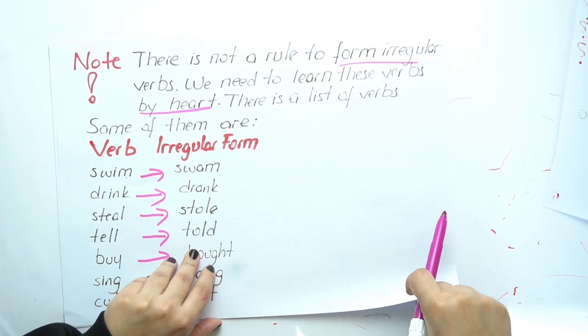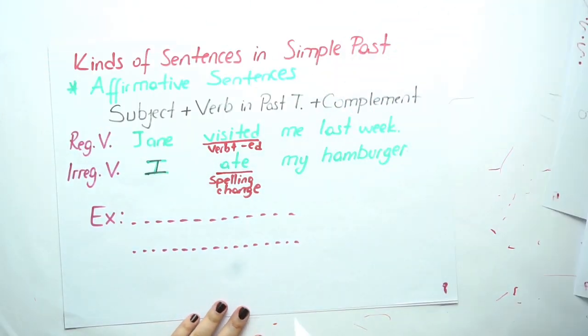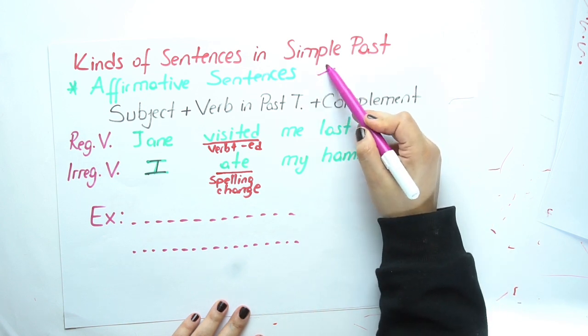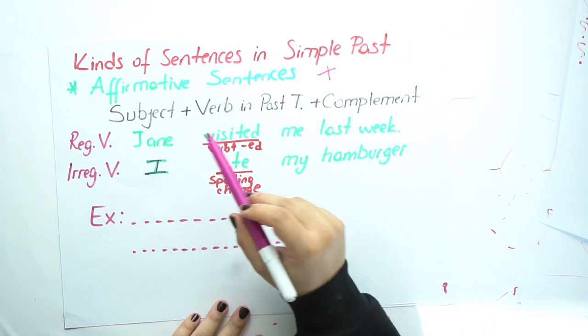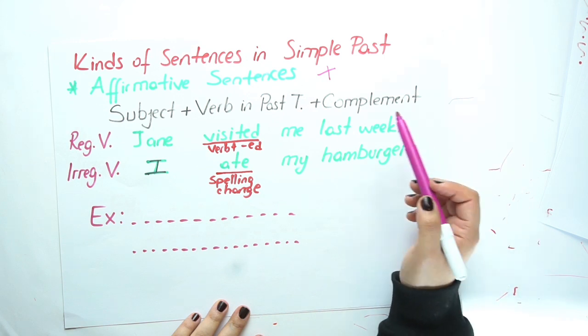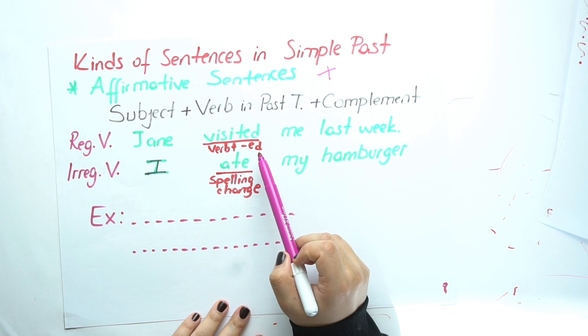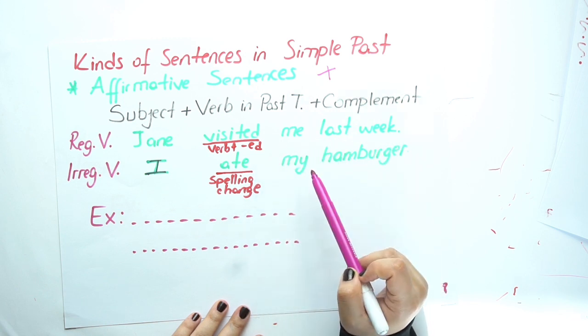Let's see some kinds of sentences in simple past. Affirmative sentence: subject, verb in past, and complement. Jane visited me last week.